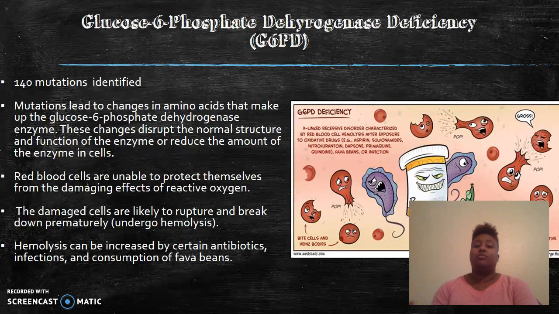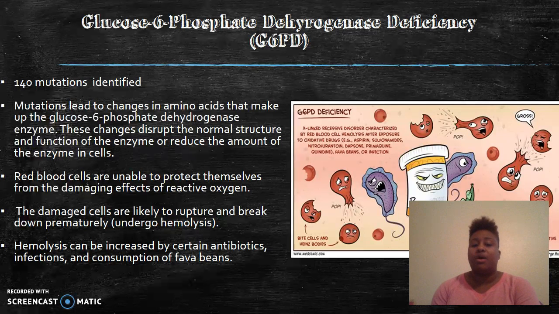Red blood cells are unable to protect themselves when this is diminished, and there are damaging effects on them from reactive oxygen. The damaged cells are likely to rupture and break down prematurely, and undergo what is called hemolysis.